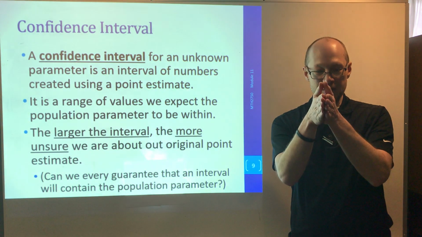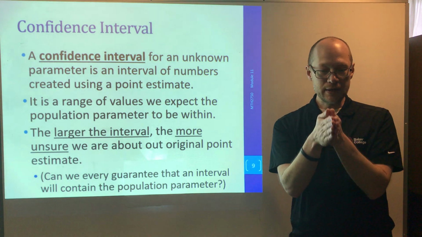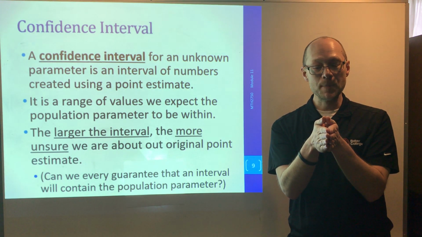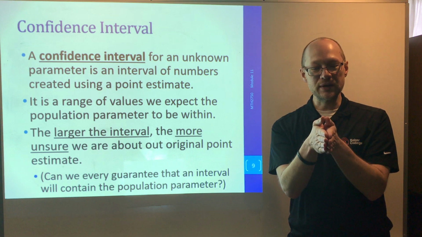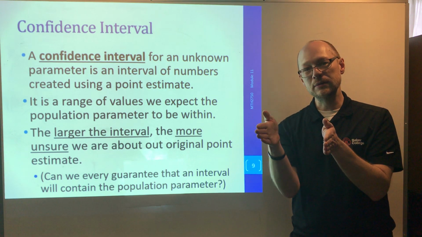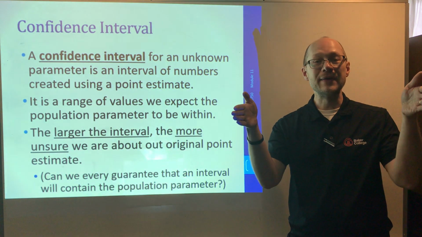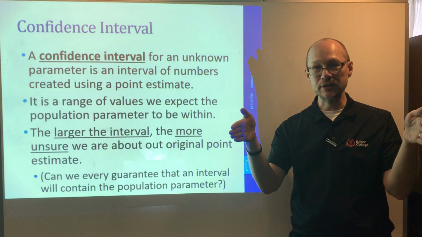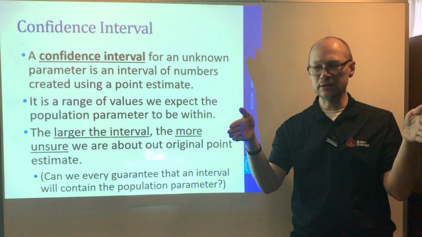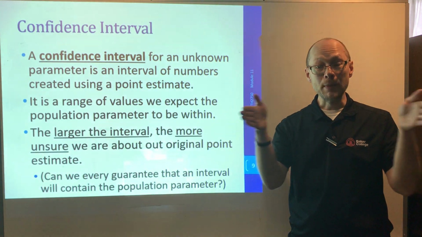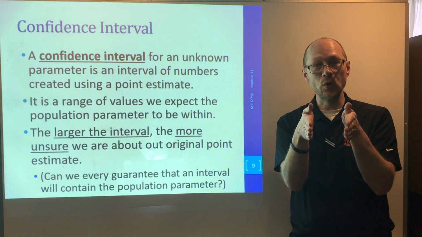So if 0.630 is what the sample said, maybe it's not 63 exactly. Maybe it's between 61 and 65, right? That becomes our confidence interval. Or maybe it's between 60 and 66, or maybe between 62 and 64.